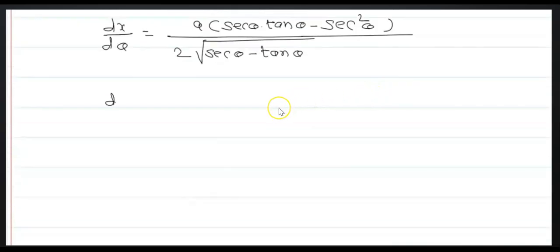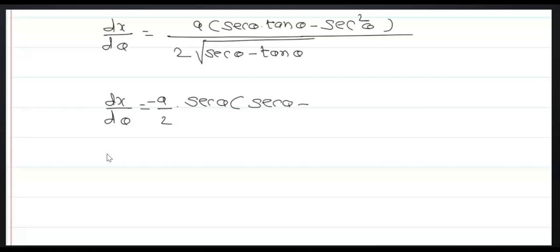Now take sec theta as common. If you take minus sec theta common, then in the bracket you will get sec theta minus tan theta upon root of sec theta minus tan theta.